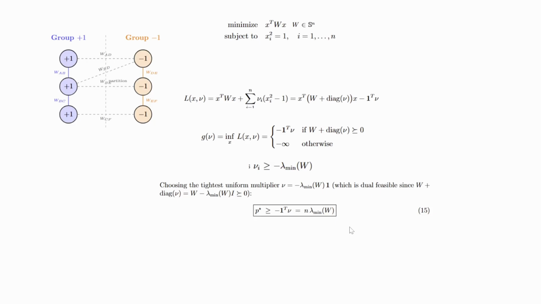And with one eigenvalue computation, we get a valid lower bound on the minimum cost partition. So as you can see, this is a generally useful thing. It's the kind of relaxation that underlies many semi-definite programming bounds, which matters a lot in modern machine learning.